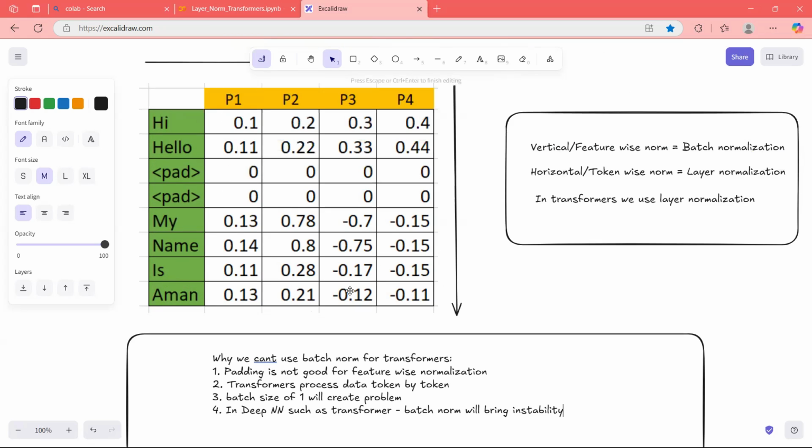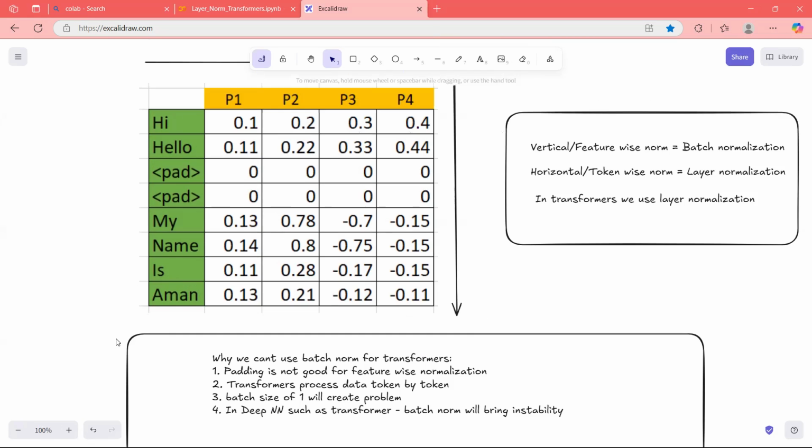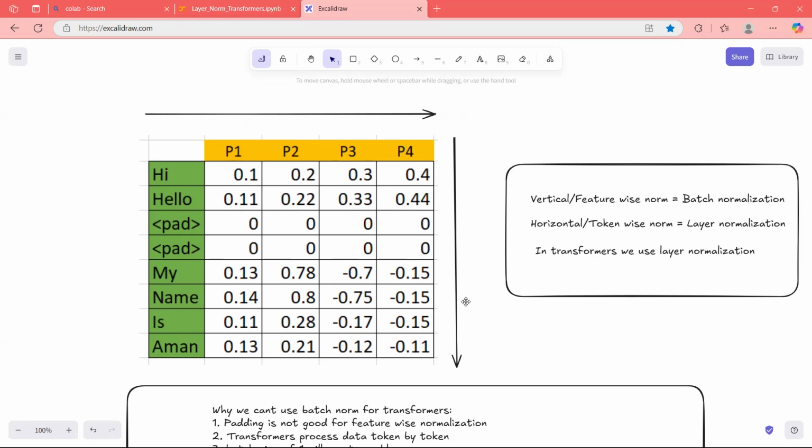Why it will bring instability is, if there are a lot of tokens involved, and a lot of tokens we need to see for feature scaling or one feature normalization, it will be a problem. Hence, it is recommended to use token by token normalization. And in terms of speed also, token by token will be supported well.